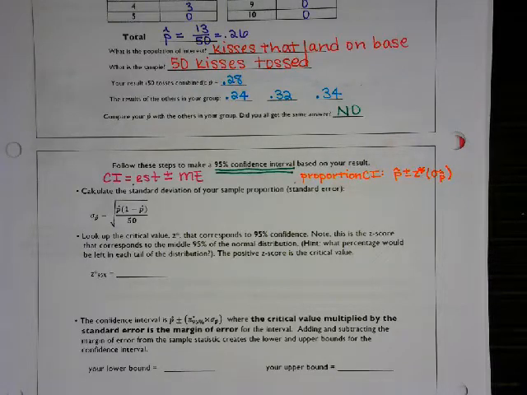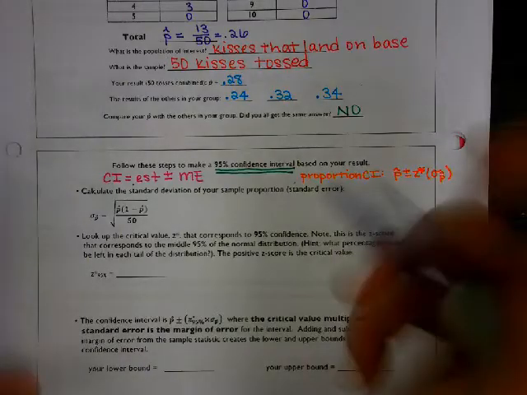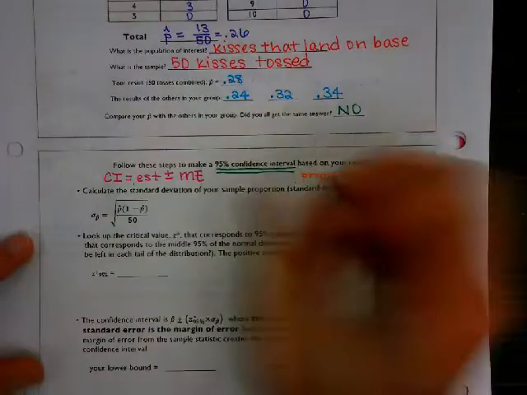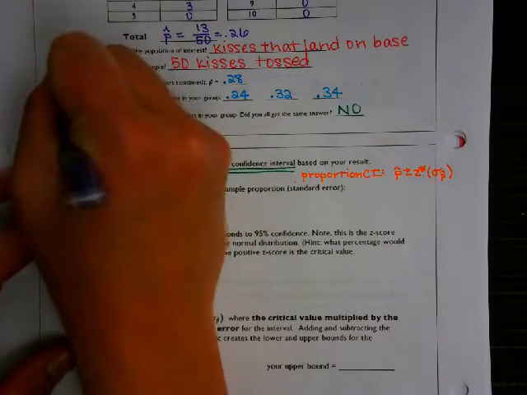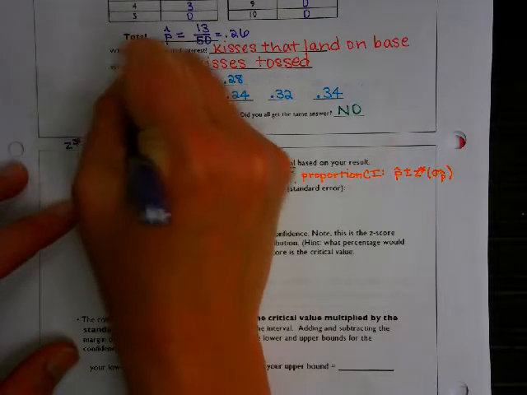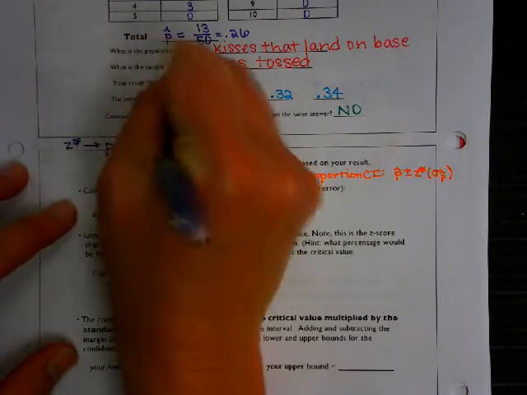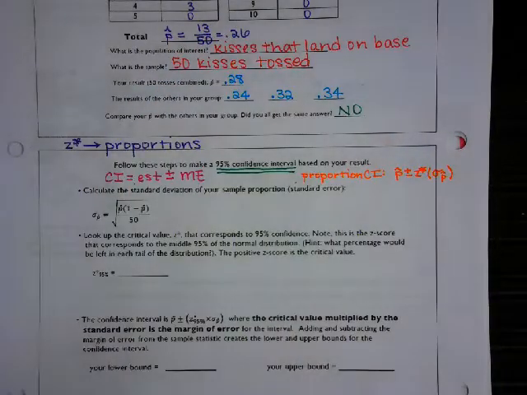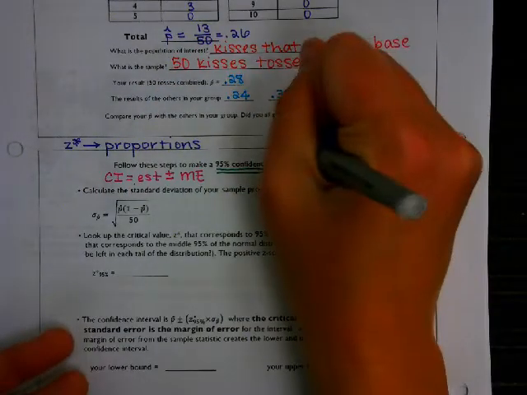They're pretty much the same thing, but you'll see more about T star when we get to means. So Z star means we're working with proportions, and T star means we're working with means.